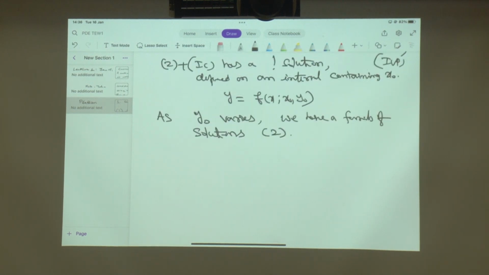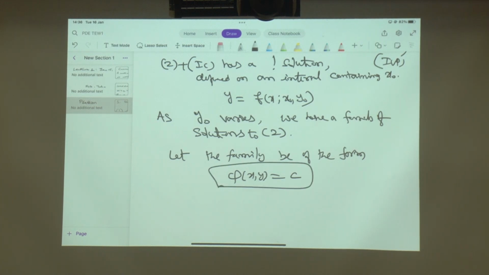So as y0 varies, we have a family of solutions to 2. Now let the family be in this form. Family means some constant, right? Of the form phi of (x, y) equal to constant.